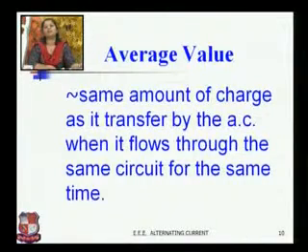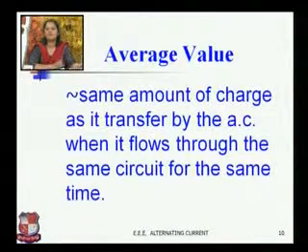When we consider the RMS value, we concentrate on the amount of heat produced by the alternating quantity, but when you consider the average value, you have to concentrate on the amount of charge transferred by the alternating quantity. This is the main difference between RMS value and average value.